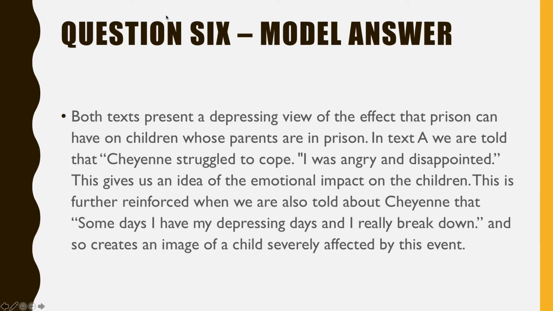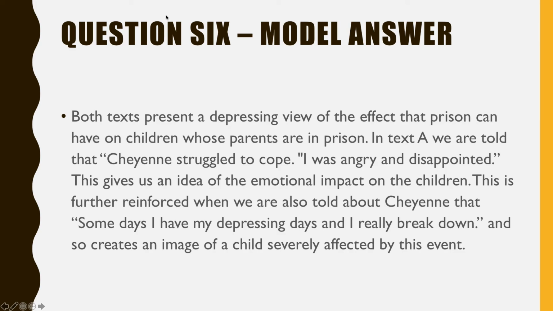And to finish with, just a model answer. I'm giving you the start here, and I want you to go on and finish this. Both texts present a depressing view of the effect that prison can have on children whose parents are in prison. So there I've got some comparison between the two, saying that both of them are obviously quite negative, as you would expect, about the effects on children. Then I start by looking at text A. In text A, we're told that Cheyenne struggled to cope.